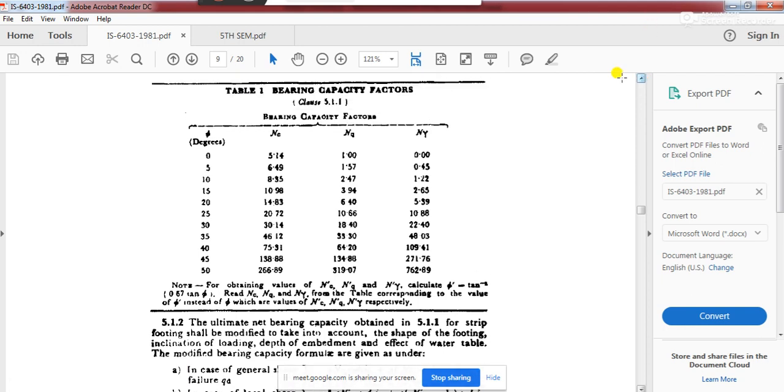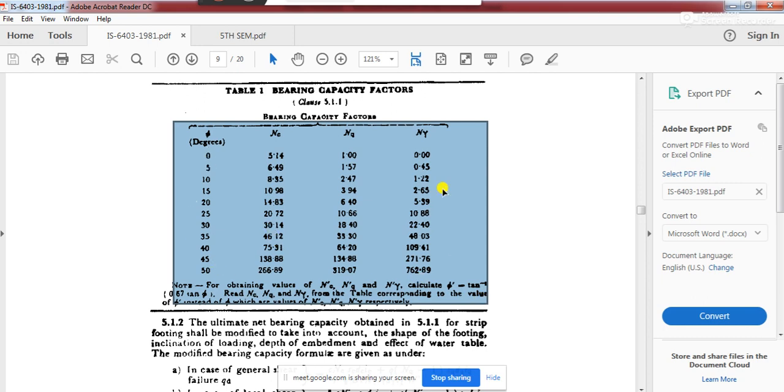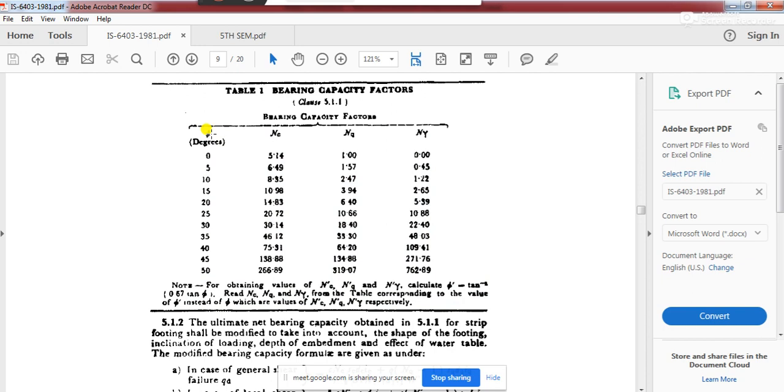This is the bearing capacity factor as per Indian Standard Code. You observe what values are given for phi. Values for phi are given for every 5 degree: 0 degree, 5 degree, 10 degree, 15 degree, 20 degree, like that. So this may be the case for Terzaghi also.